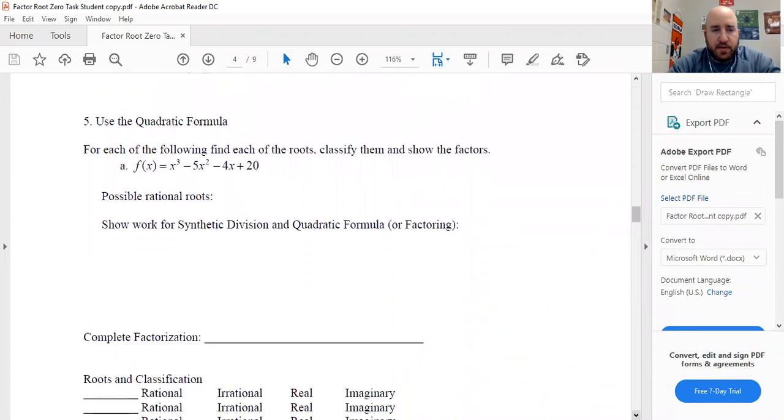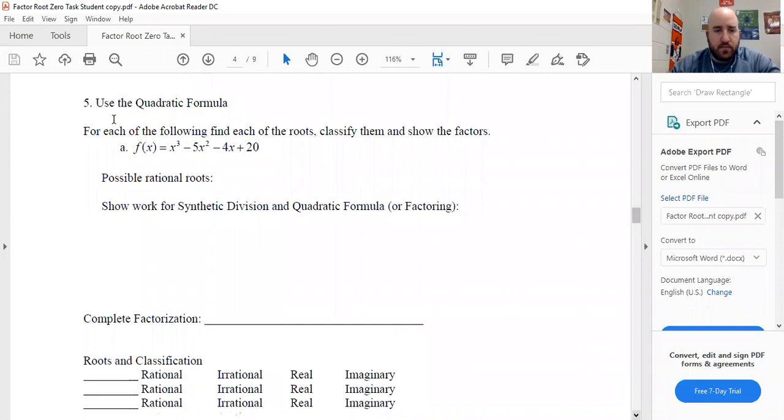Okay, so for number 5, where it says use the quadratic formula, we're going to cross that out and put factor and find roots.